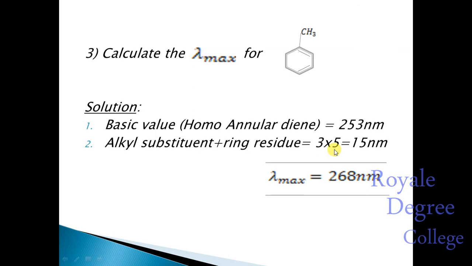Here the alkyl substituent is 1, the CH3. And ring residues, 2: next to the double bond, this is one carbon and this one, the 2 positions. So altogether, alkyl substituent 1 plus ring residue 2 is 3. Each value should be multiplied with 5, so 3 into 5 gives 15 nanometer. Now adding both, you get 268 nanometer. That is the lambda max value for the organic compound we have calculated.